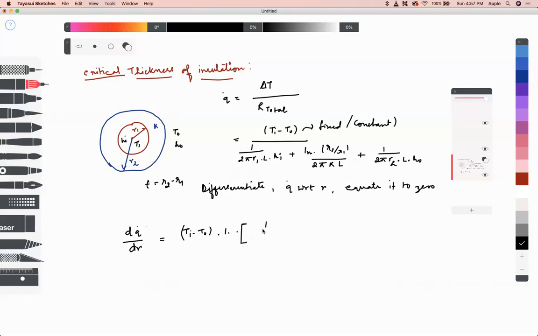Here 1 upon 2 pi kL will not be there, only differentiation of this will be there. So this is ln r2 by r1, so that's essentially ln r2 minus ln r1, so differentiation will be 1 by r2 minus 1 by r1.